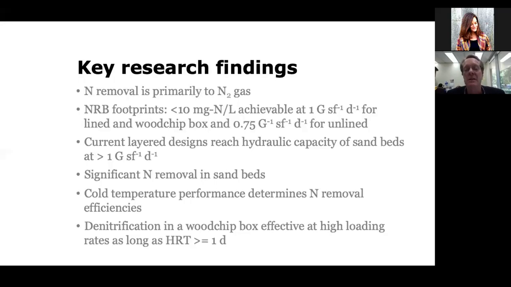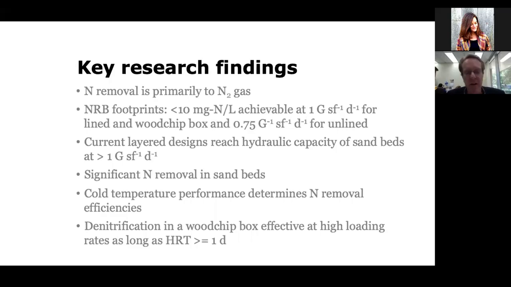For the unlined systems, you have to build them larger because you need to load them at a lower loading rate, so 0.75 gallons per square foot per day to get, again, 8, but at least under 10 milligrams per liter. With the current layered designs, they reach hydraulic capacity at more than 1 gallon per square foot per day.